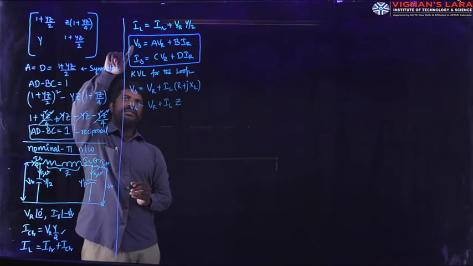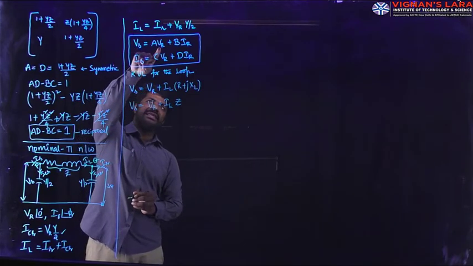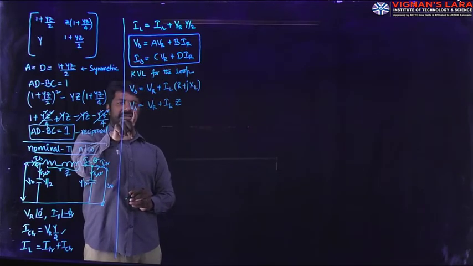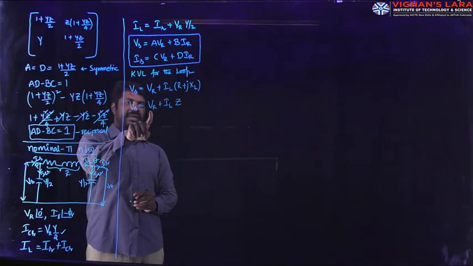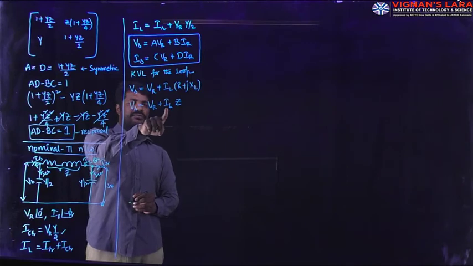But if you observe the performance equation, Vs should be written in terms of either Vr or IR. Here I wrote the equation of Vs in terms of Vr, but not in terms of IR; it is in terms of IL. Then I have to substitute for this IL.